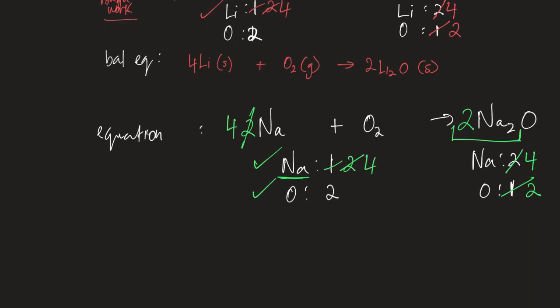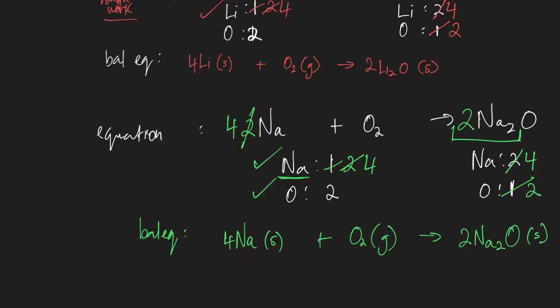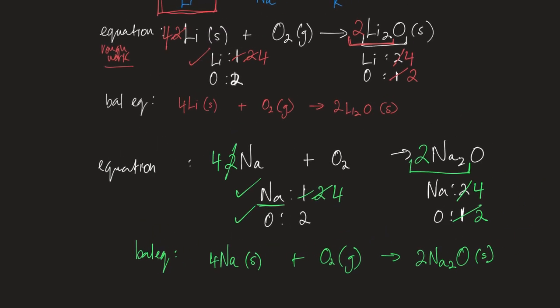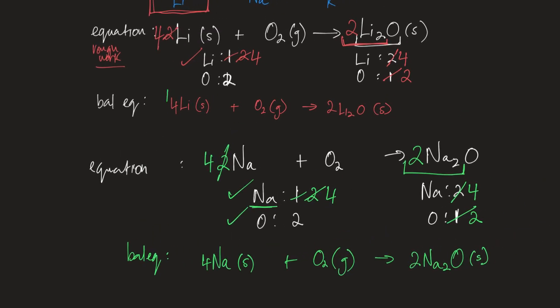Alright? So I must write my final balanced equation, which is 4Na, which are solids, plus O2, which are gases, and that gives you 2Na2O, which is a solid. But now can you see the pattern? Can you see the pattern?